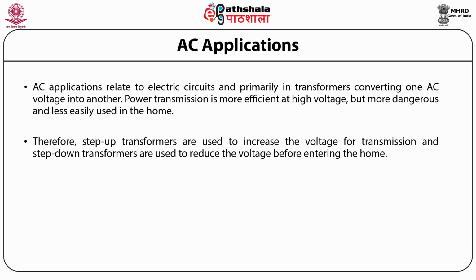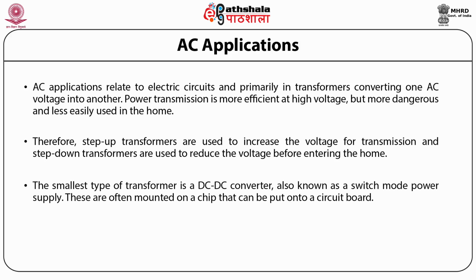Therefore, step-up transformers are used to increase the voltage for transmission, and step-down transformers are used to reduce the voltage before entering the home. The smallest type of transformer is a DC-DC converter, also known as a switch mode power supply. These are often mounted on a chip that can be put onto a circuit board.